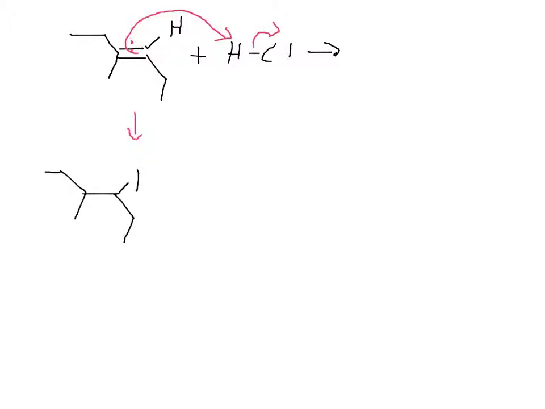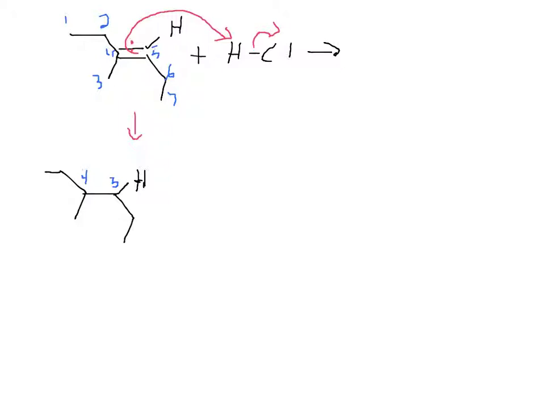We've got to make a decision. We should number our carbons first: 1, 2, 3, 4, 5, 6, and 7. We broke the pi bond between carbons 4 and 5. So we have to decide where we're going to put the carbocation.